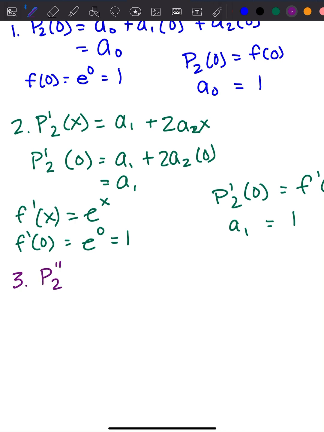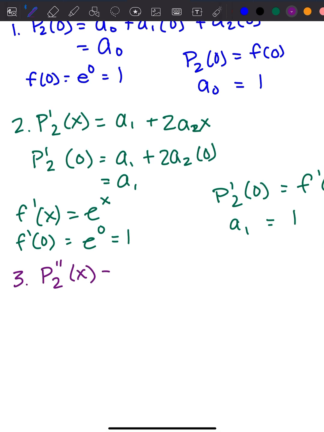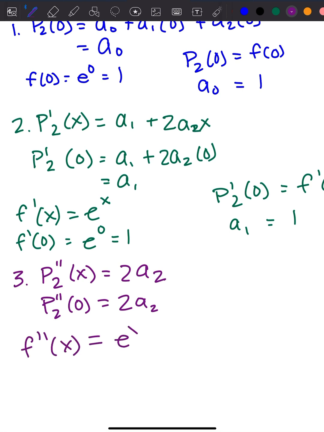Now the second derivative of our polynomial. We're taking the derivative of what we have above. A sub 1 is a constant, so that goes away, and I'm left with 2a sub 2. If we plug in 0, it's going to leave us with the exact same thing, 2a sub 2. We need to find the second derivative of e to the x, which is e to the x, and plug in 0, which equals 1.